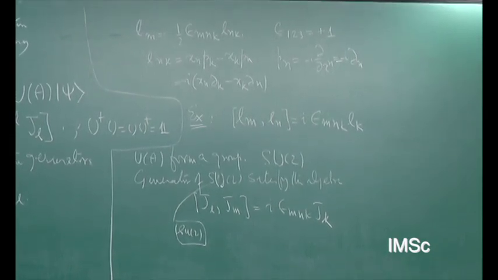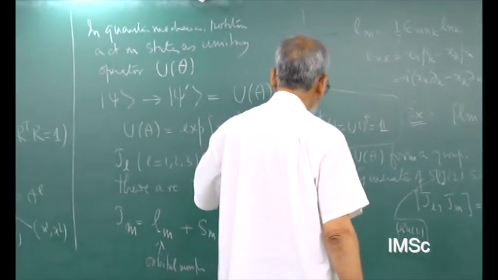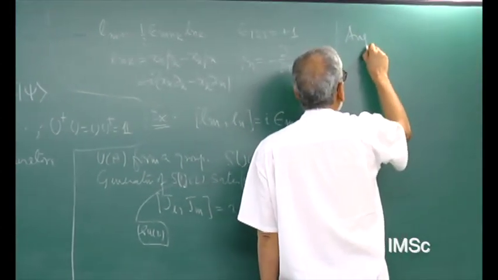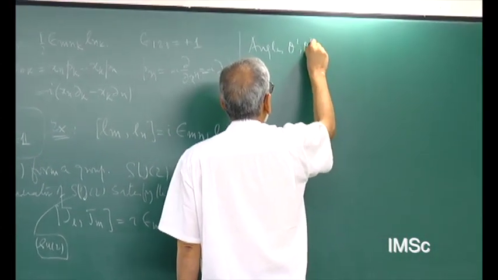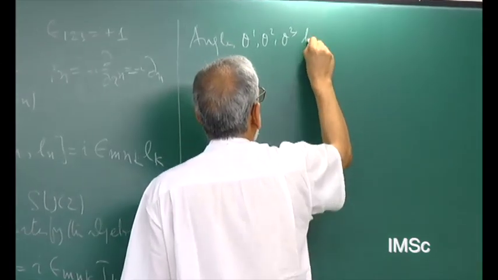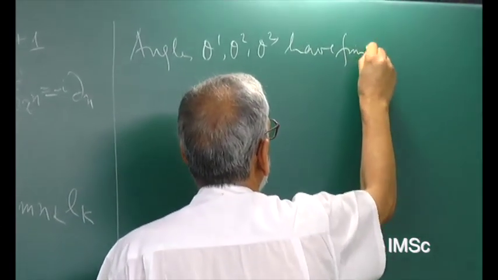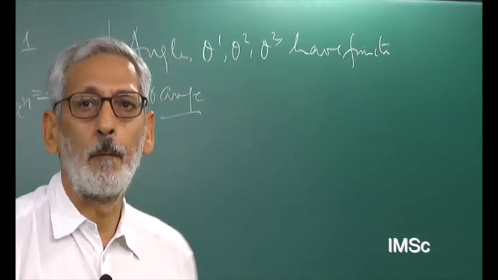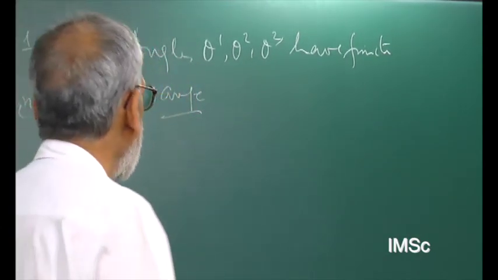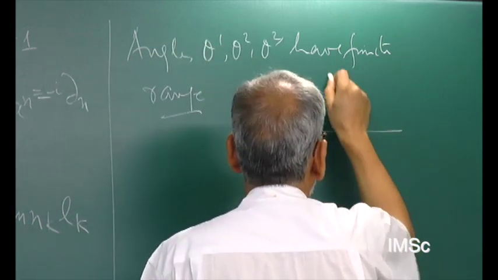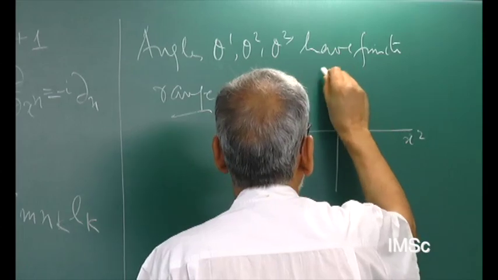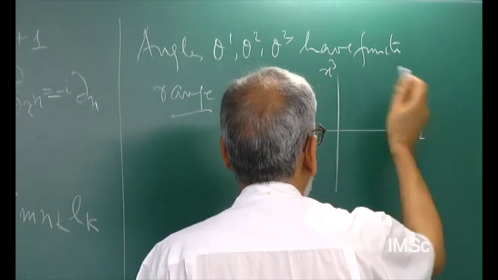An important property of these is that these three angles theta 1, theta 2, theta 3 have finite range. And that's elementary. Think of one of them, theta 1, in the x2, x3 plane. So theta 1 is a rotation.